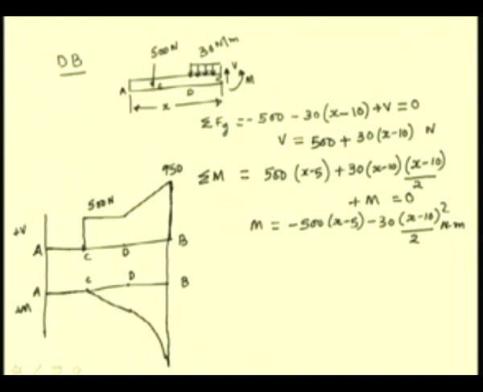The value of the bending moment at this point and this point can be found from these equations and can be marked for the given scale. We know that this value is 13,375 Newton meter, and in the same way this will be 1500 Newton meter.